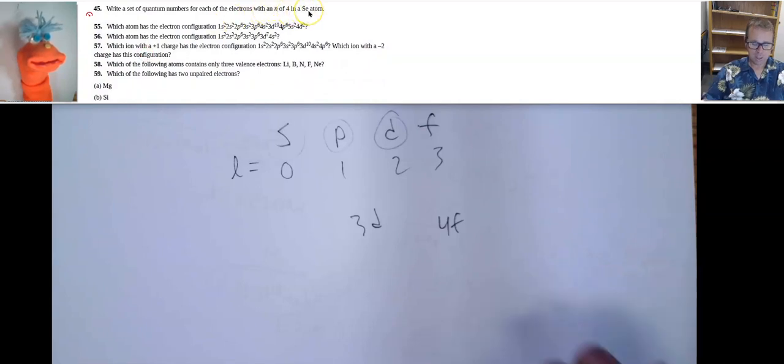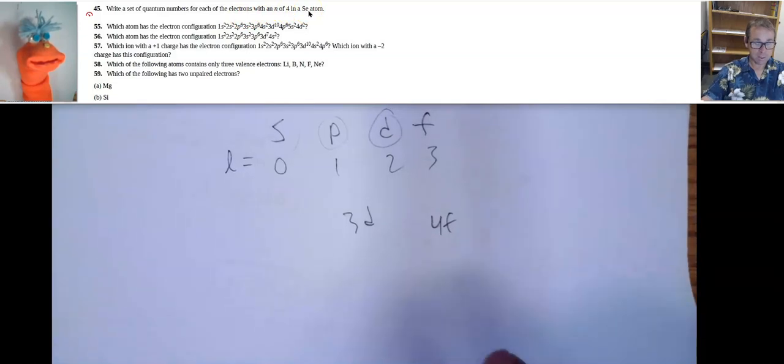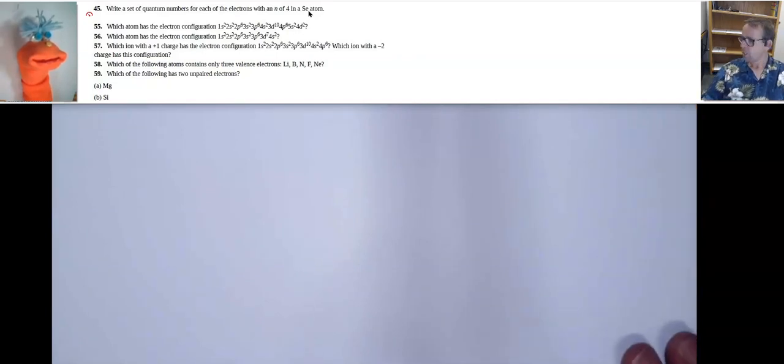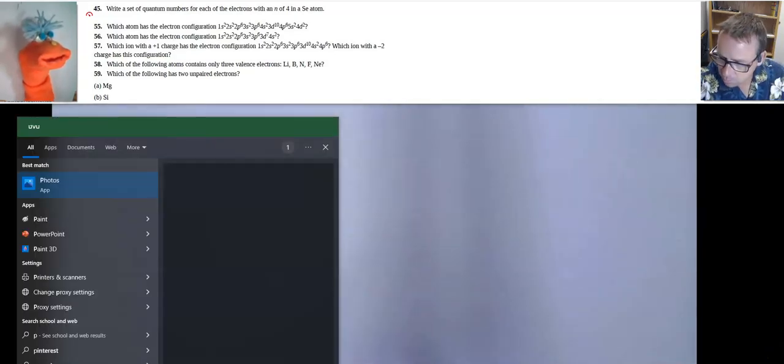Write the set of quantum numbers for each of the following electrons with N equals 4 in a selenium atom. All right, so if I have a selenium atom, let me bring up my periodic table here.